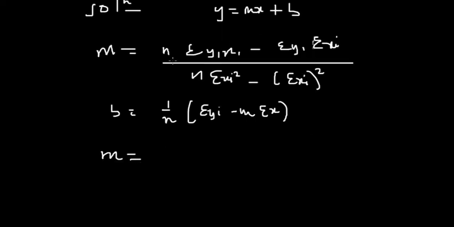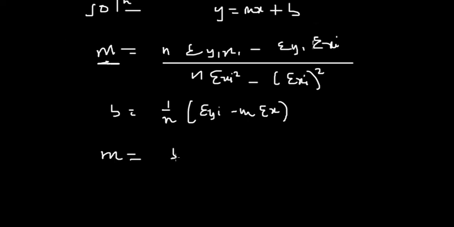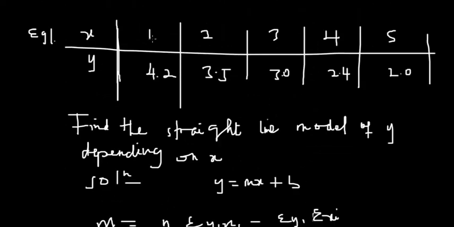Okay, so from here you know that you have to first find our n, because we are taking what? The gradient first. So let's see the n. The n value means that the total number over here. So we have what? 5. Okay, that's our n. So let's put that over here. And then you have the summation of what? Y multiplied by x. So you could take the summation of x multiplied by the y.